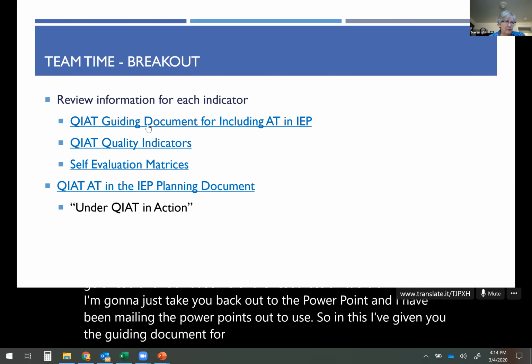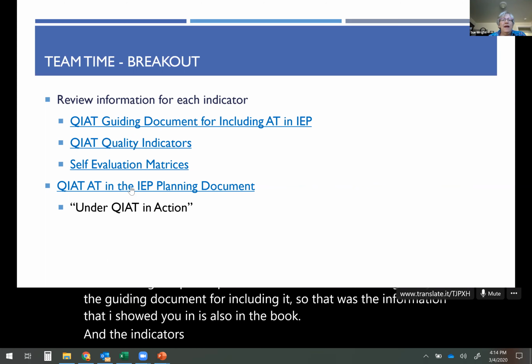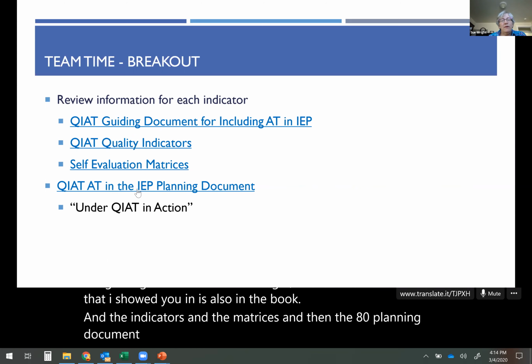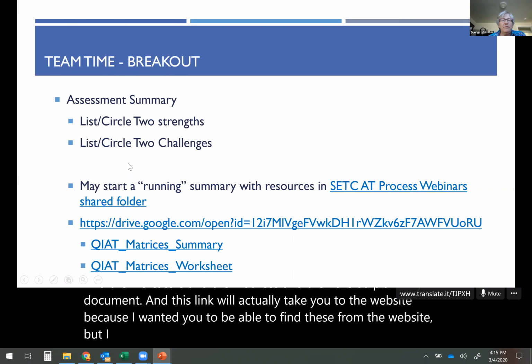That was the information that I showed you and is also in the book. The indicators and the matrices, and then the AT planning document. And this link will take you to the website, because I wanted you to be able to find these from the website. But I also later give you a link that goes straight to a Google folder where I've put these.